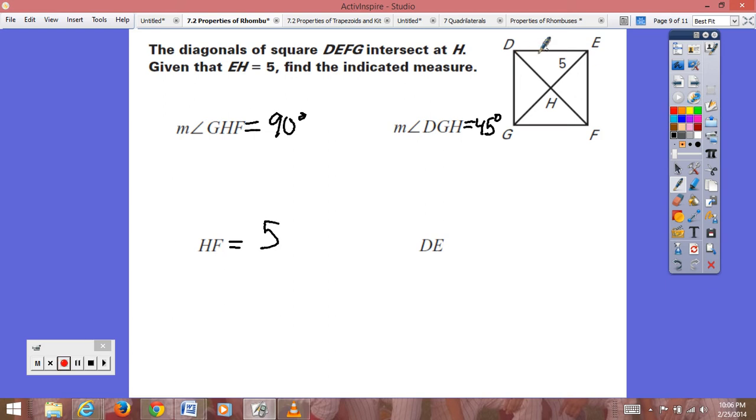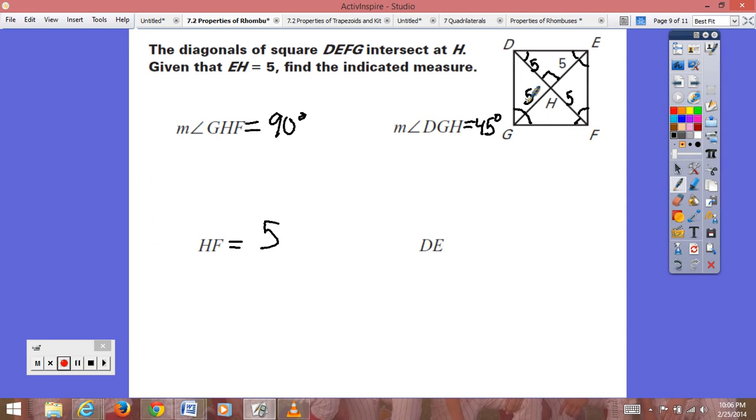Now DE is a little more tricky. Since all four of these diagonal segments are the same length, we can mark these as 5, 5, and 5. We know this is a right angle as well, and that this angle here is congruent. All of these angles are congruent. They are all 45 degrees.